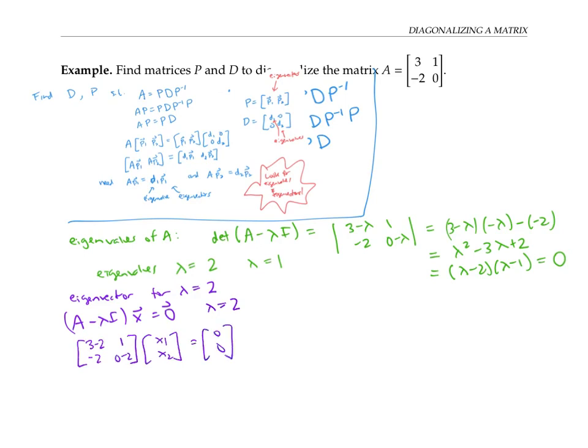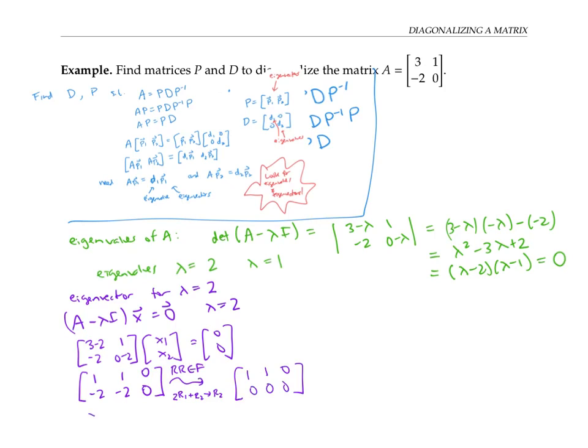And I can do that by writing down the augmented matrix: 3 minus 2 is 1, 1, negative 2, negative 2, augmented by 0, 0. I need to row reduce this to reduced row echelon form. This matrix is pretty easy to row reduce if I just take the first row and multiply it by 2 and add it to the second row and replace the second row with that. I've already got it in reduced row echelon form.